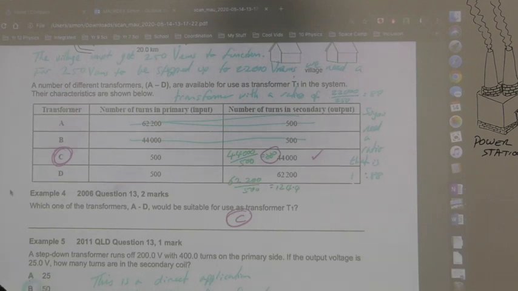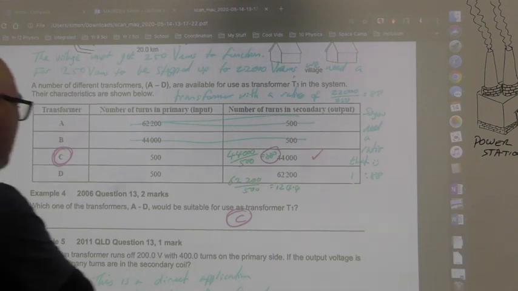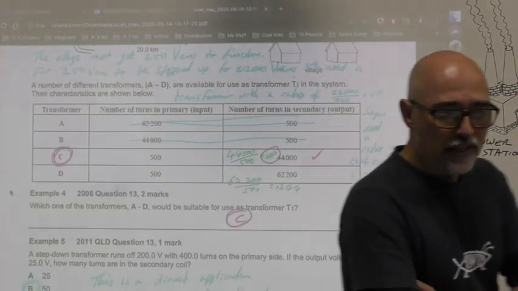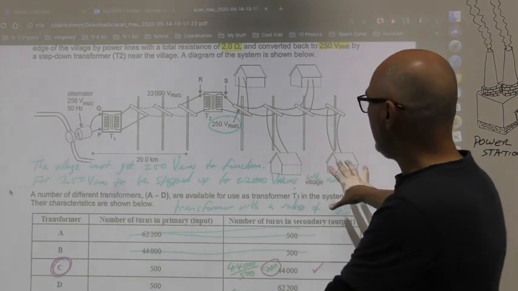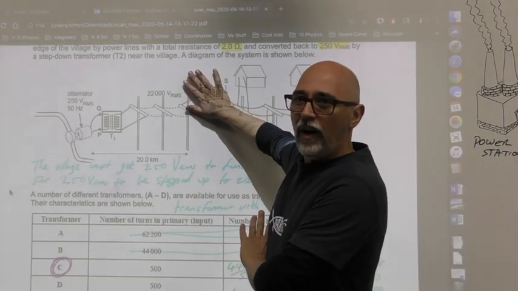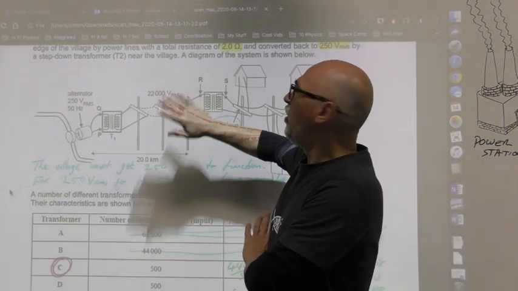Now the question asks, a number of different transformers are available for use as transformer 1 in the system. Their characteristics are shown below. So notice, even though there's a whole bunch of stuff you can infer from that diagram, there is no interest being paid to what voltage arrives here or any of that.